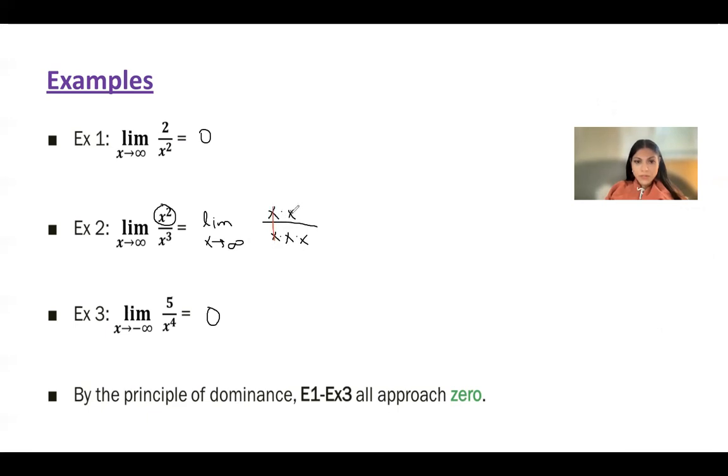So that goes away, that goes away. Remember that when you cancel all of the stuff out from the top, there's still an imaginary 1 at the very top. So what we have is a limit as x approaches infinity of 1 over x. Well, lo and behold, y'all, this is the principle of dominance precisely. The answer to this is 0.